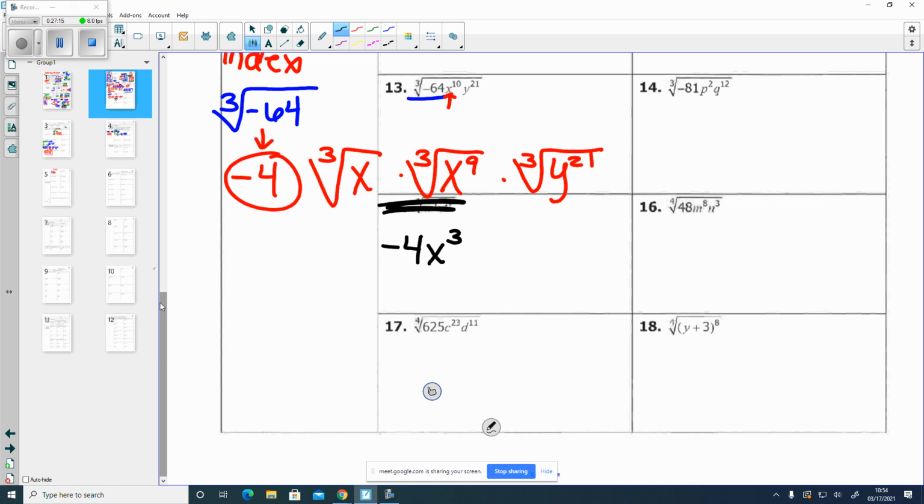Okay, what is 21 divided by 3? 7. So this, I'm sorry, this is outside, this is outside, this is outside. This, I can't do anything with, so that stays on the inside. And so that's your final answer.